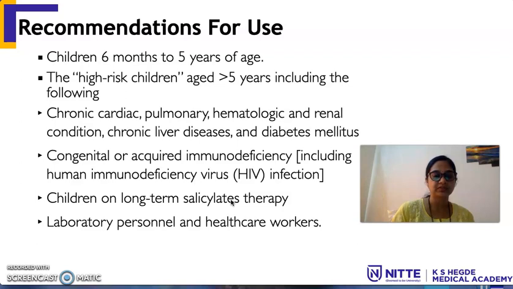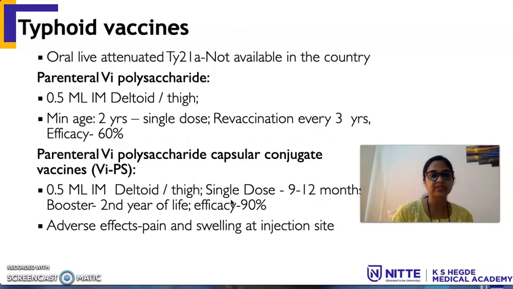However, children who are categorized as high-risk, more than 5 years, those who have chronic cardiac, lung, liver or renal diseases, hematological diseases, if they have type 1 diabetes and are prone to serious infections, congenital or acquired immunodeficiencies, especially HIV infection, primary immunodeficiency disorder, children who are on long-term salicylate therapy, children who are receiving chemotherapy during malignancies, and laboratory personnel or primary healthcare, frontline healthcare workers who are at risk of developing influenza, we do administer this vaccine.